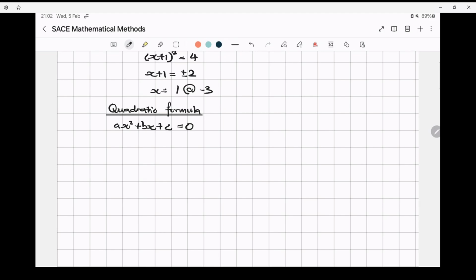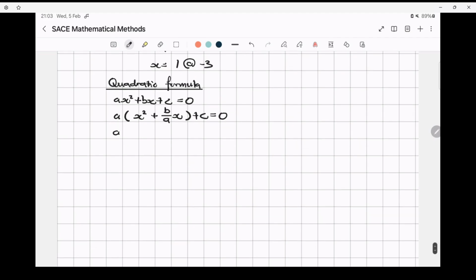This is the most general quadratic equation that you can write. What you can do is take out the a, and you know that only the first and the second term are somewhat important. So you just factorize the first and the second term. So you have a times x squared plus b over a, x, plus c equals 0.